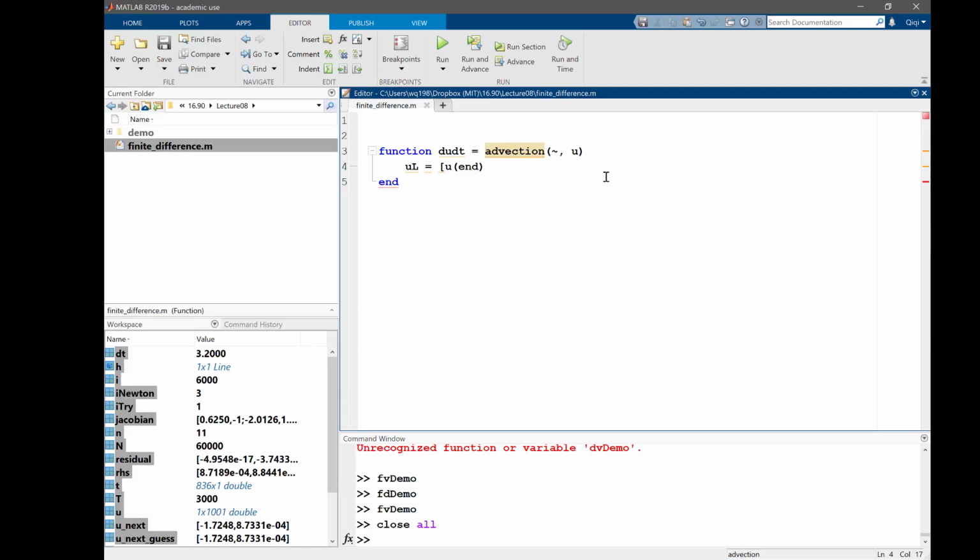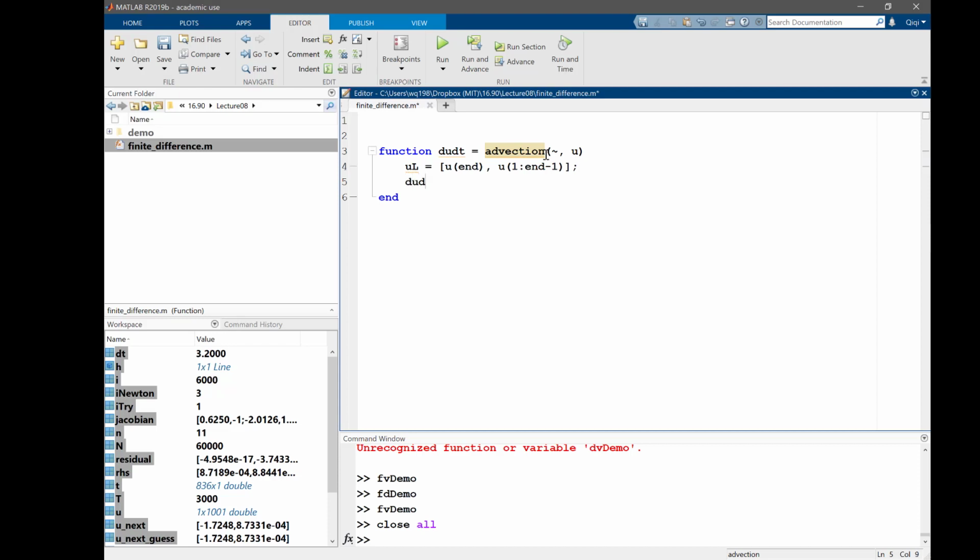And then starting afterwards, it's u from 1 to n minus 1. Agreed? So this is a vectorized form of the solution at the previous grid point. Does it make sense?